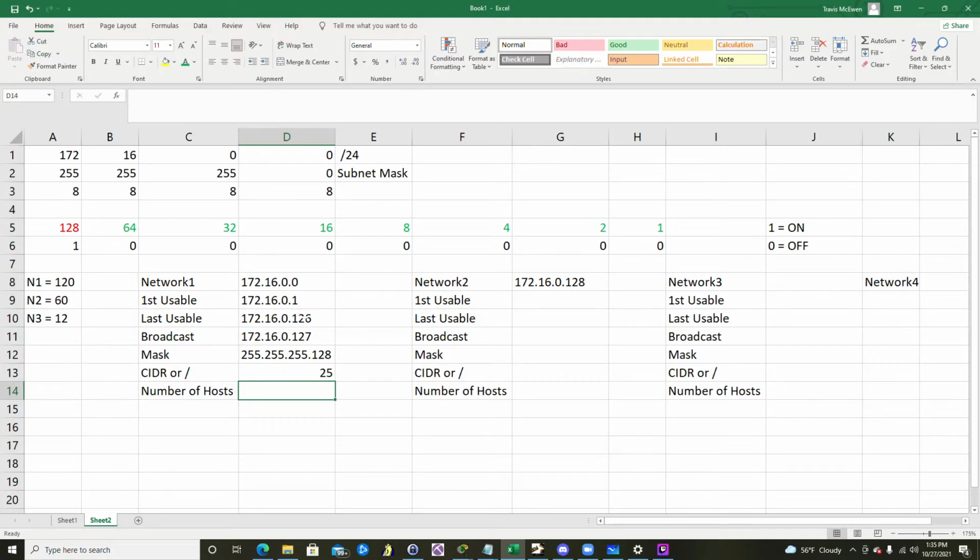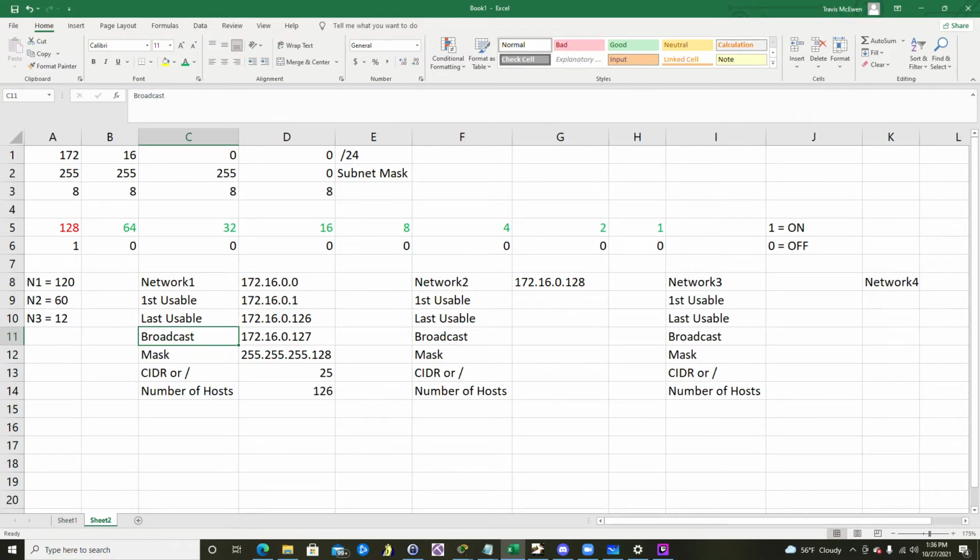Now for the number of hosts that are available to me, this is again where this number chart comes in handy. This number to the left of the line, this 128, we're going to just subtract 2 from it. And that gives us our number of hosts, 126. Now we subtract 2 because we're subtracting the network IP address, and we're also subtracting the broadcast address, because these two addresses are not usable addresses.